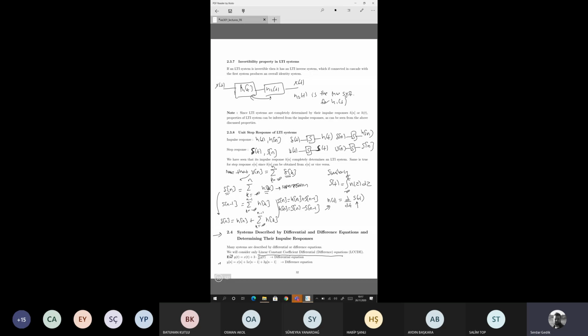So I don't have such terms, so it is linear. It is constant coefficient because the coefficients here are all constant, so they are not changing with respect to time. So it is the same here. I do not have x of n multiplied with y of n, or y of n squared, y of n cubed, y of n squared times x of n, and so on. So this is linear. Also, it is again constant coefficients because the coefficients here are all scalar, so they are constant numbers.